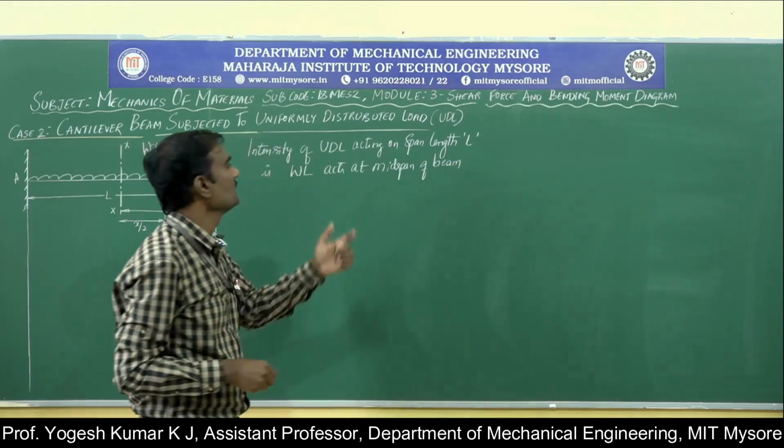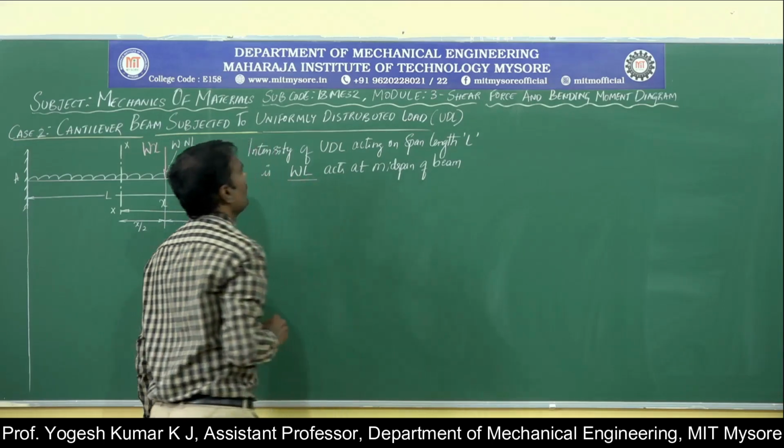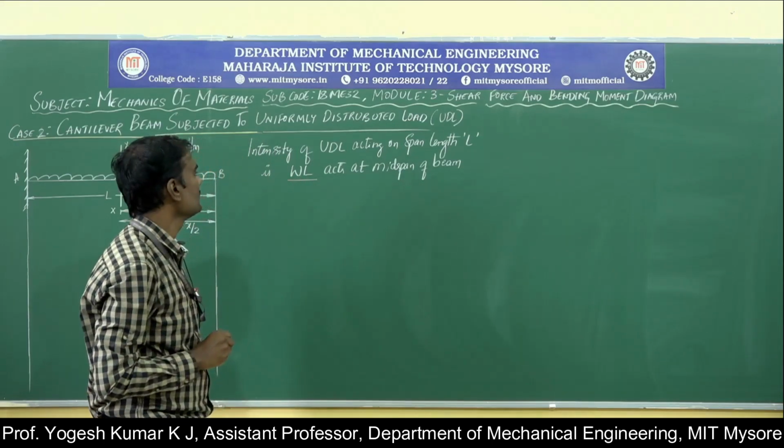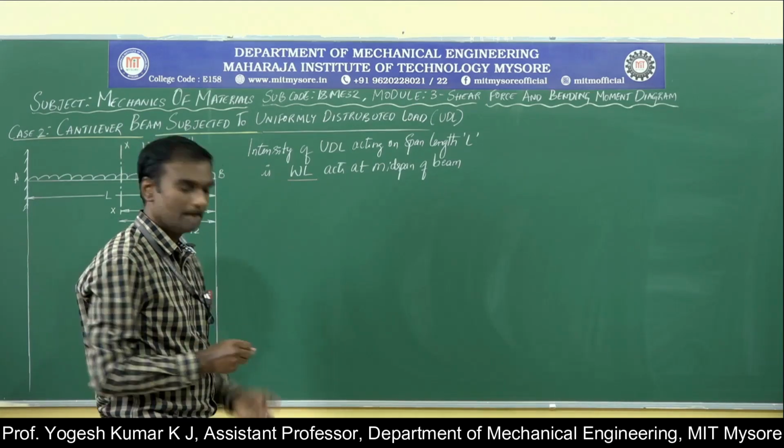This is when we treat the entire length of the beam, that is, the intensity of UDL acting on the span length L is WL, which acts at the mid span of the beam.